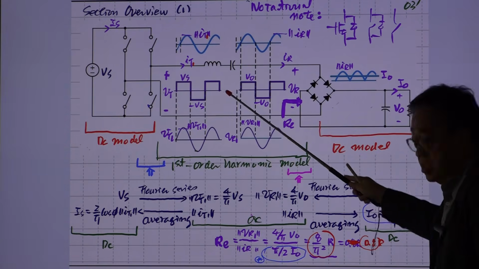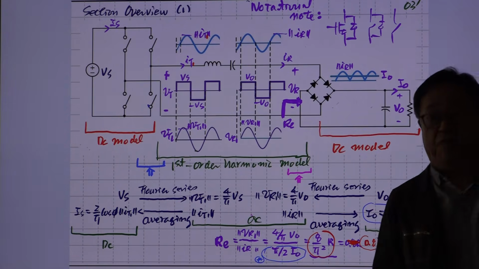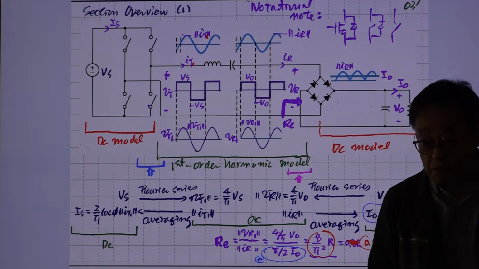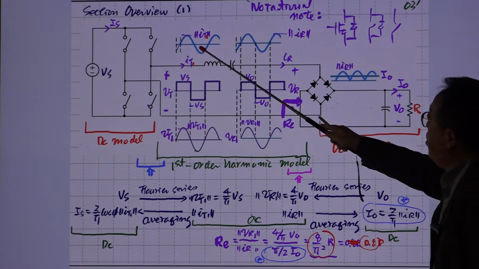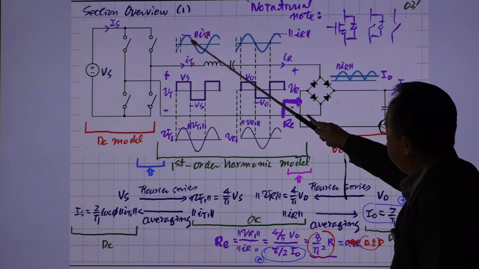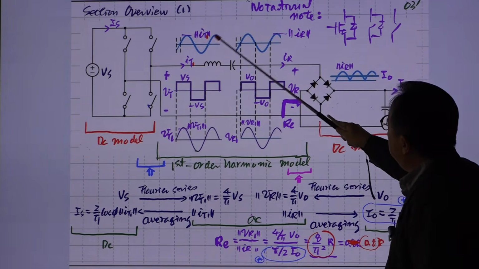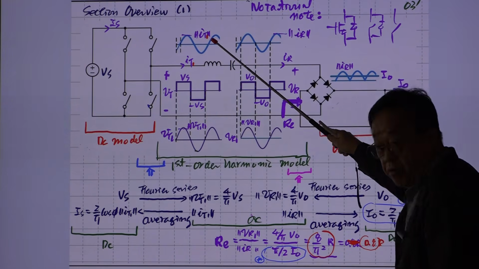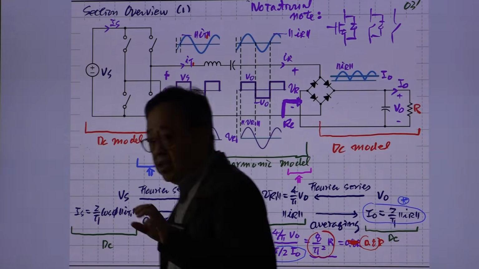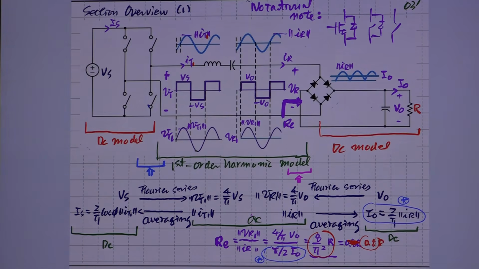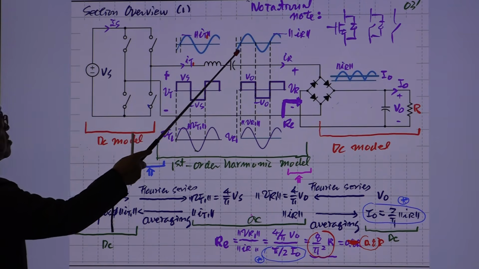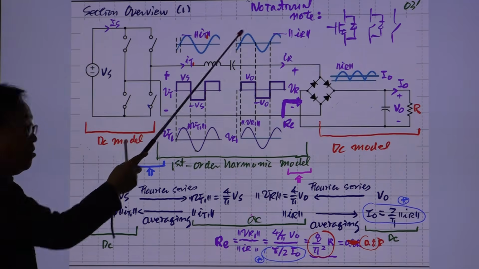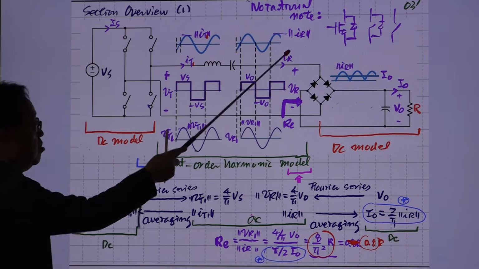This purple color is the real voltage waveform you would watch through the oscilloscope. This is the real current waveform. IT1 is the first component of the tank current, but we assume that most of the current comes from its first component because of the high Q assumption. So sinusoidal current is coming in, and sinusoidal current is coming out, because there is one current path.